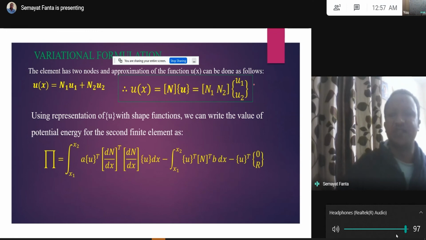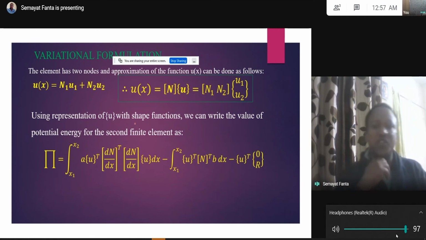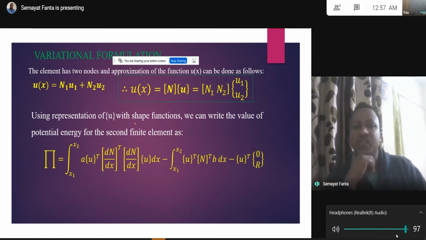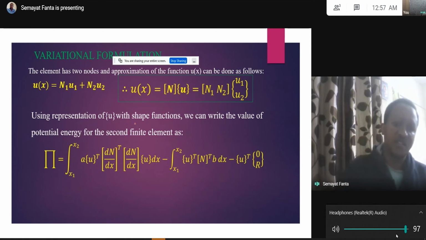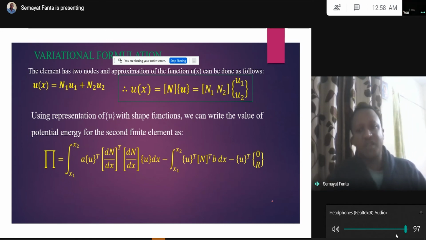Substituting this into the equation, using the representation of u with the shape function, we write the potential energy for the two-element finite element model. So this is the form. Here also we get the same form as the previous one.